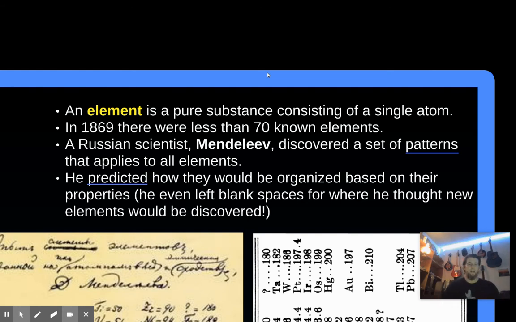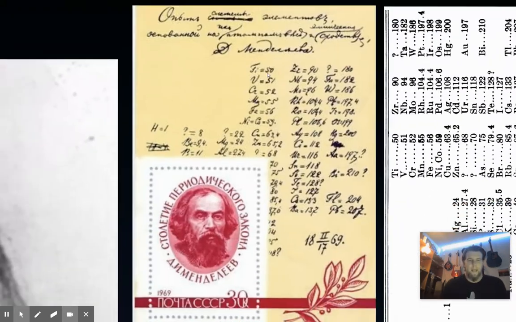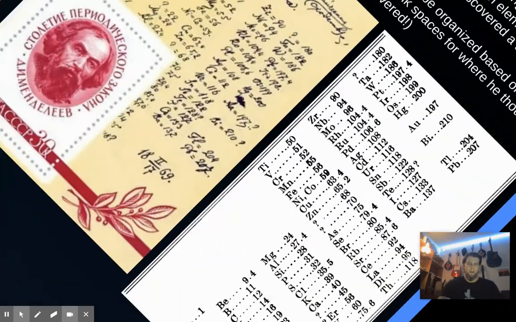He would be able to predict, like you'll see in the discussion board video, how much it would weigh, what its melting point would be, what its energy level is. He was able to predict all those things without even having it been discovered. We still discover elements today that can be predicted from Mendeleev's work. It's pretty amazing.